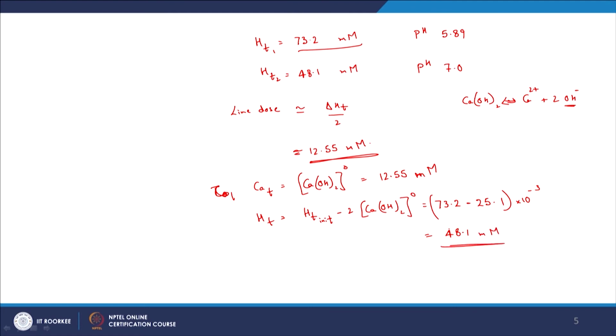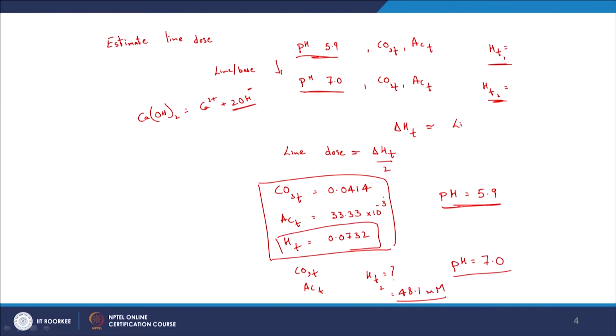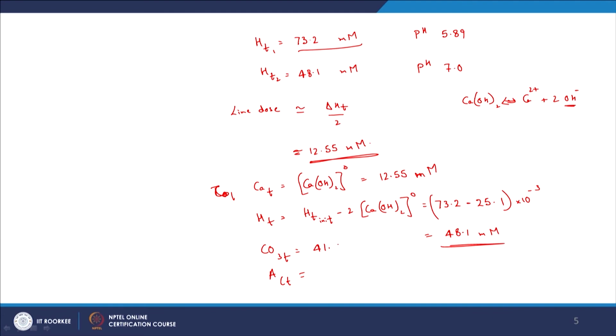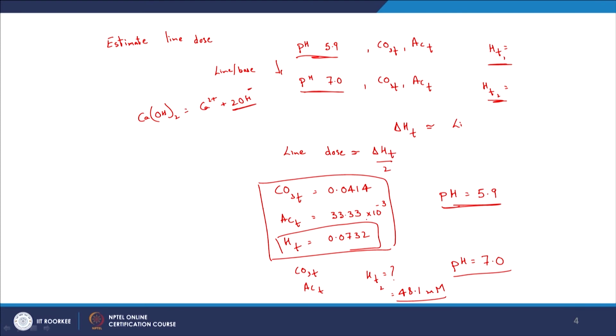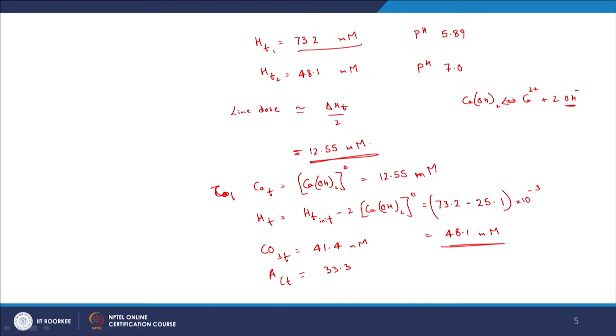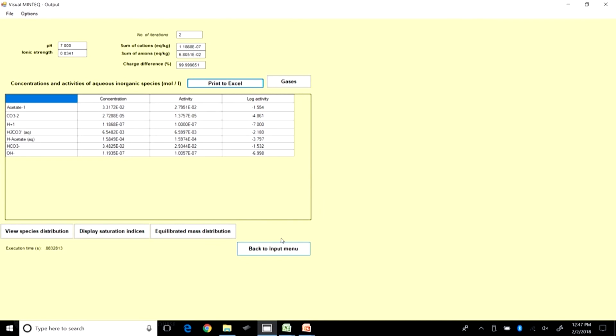But let us just plug this in vMinteq and see if we are going to get the relevant values or not. So, obviously, we need to plug in H total, Ca total, and what else, CO3 total and acetate total, right. And what are these values? CO3 total was 41.4 millimole, and acetate total was 33.33 millimole, right. So, let us plug this into vMinteq, back to input menu.